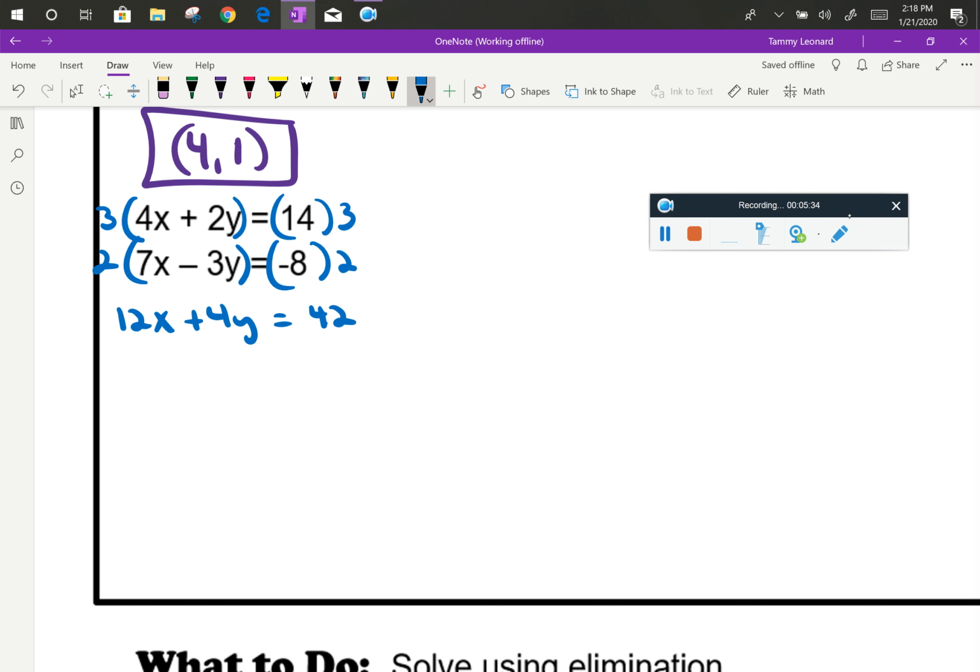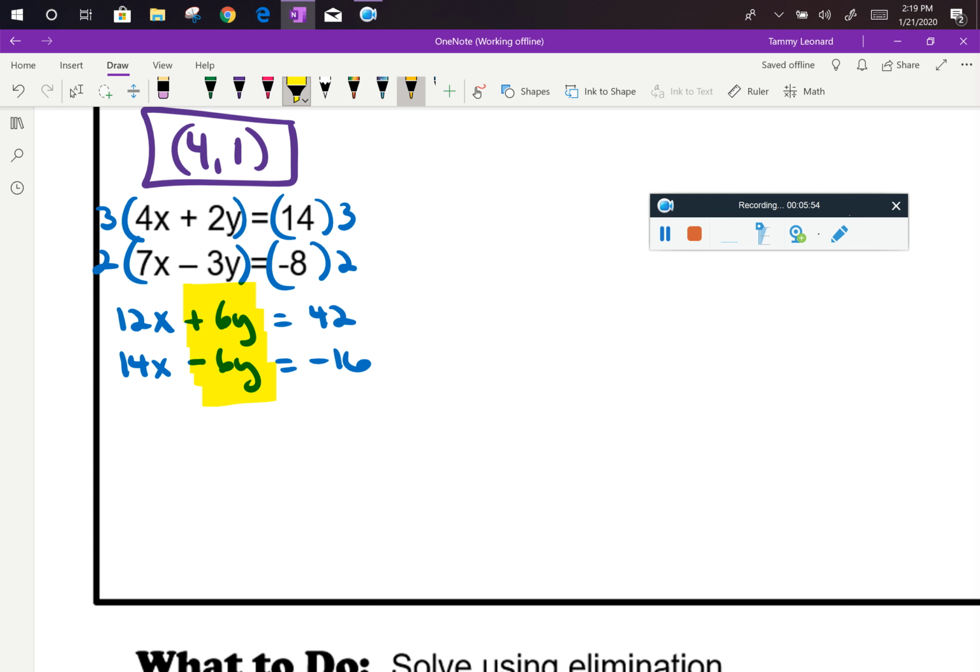Sorry, that's not a plus 4y, that's a plus 6y. In my bottom equation, I'm going to have 14x minus 6y equals negative 16. Notice right here in the middle, I've got my opposite match. My y's have the same number but opposite signs.